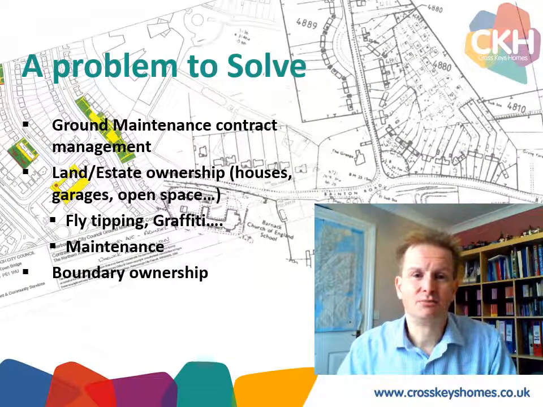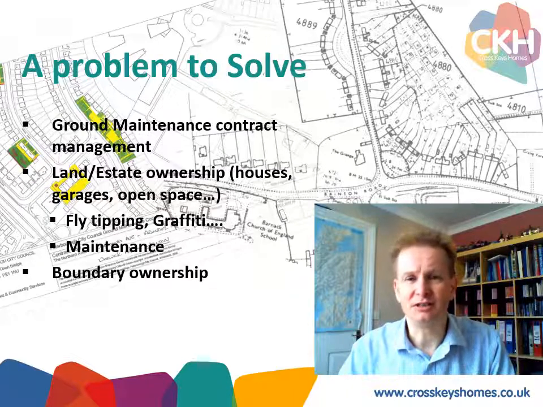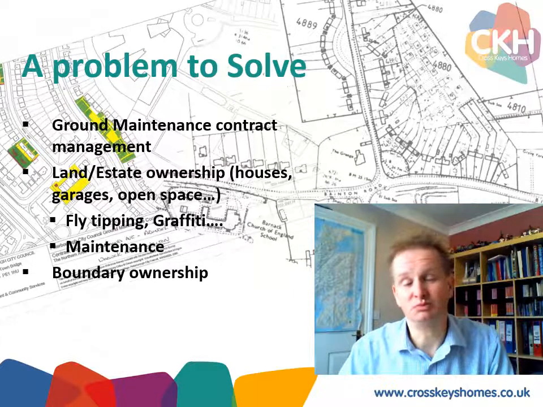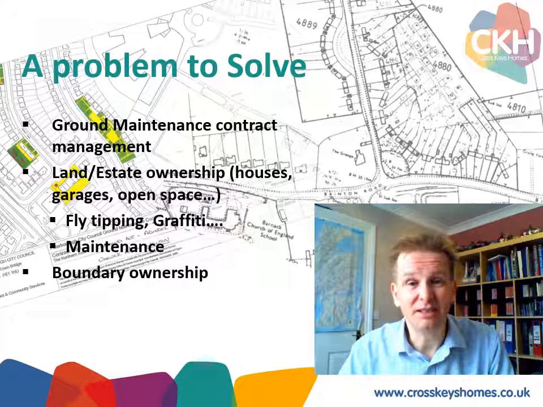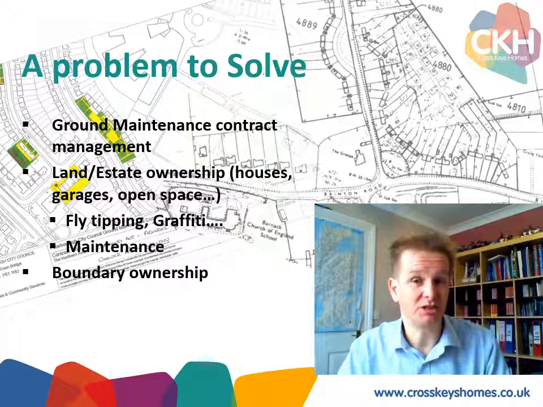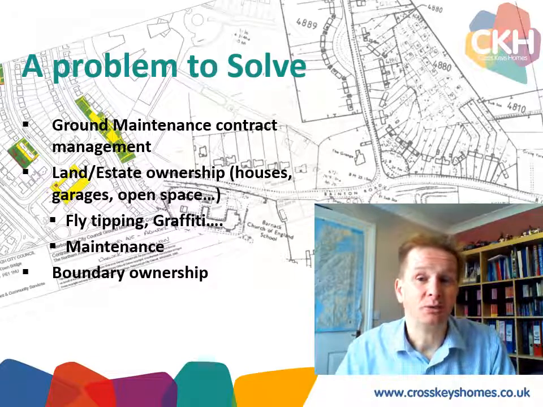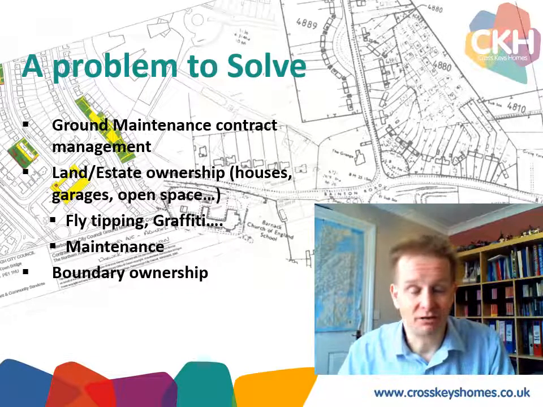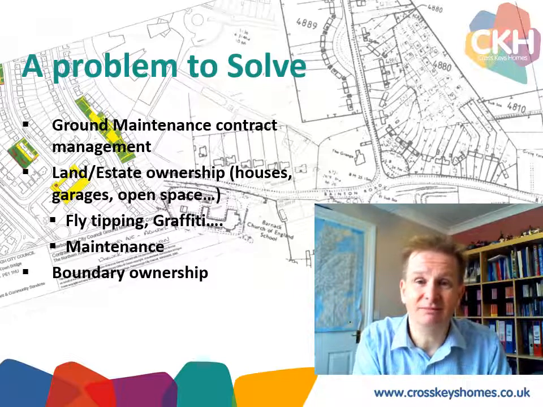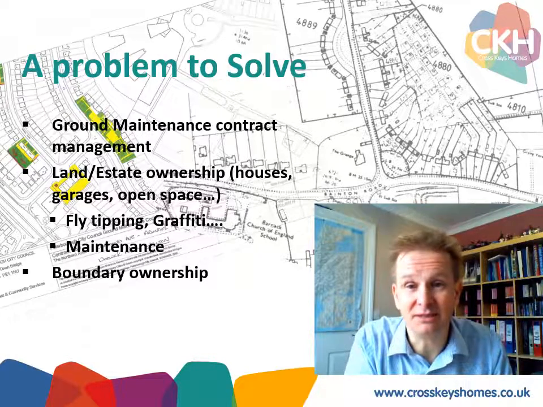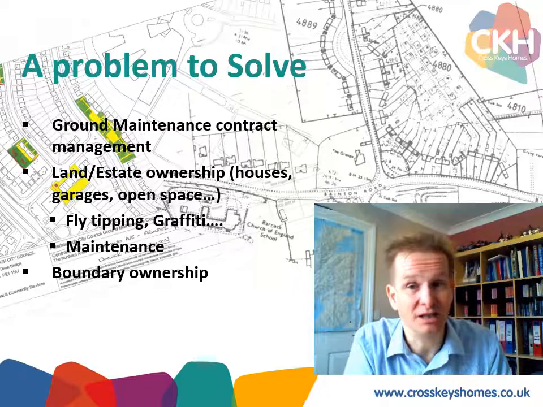Okay, so GIS was looking to streamline and make efficiency savings, specifically around ground maintenance and land ownership information, which is all stored on ageing, poorly maintained and inaccessible paper maps and spreadsheets dotted around the organisation, with only a few individuals having access to or knowing about them. This made things like managing our ground maintenance contract with our supplier and identifying the land that we owned and what was our responsibility very problematic and very time consuming.